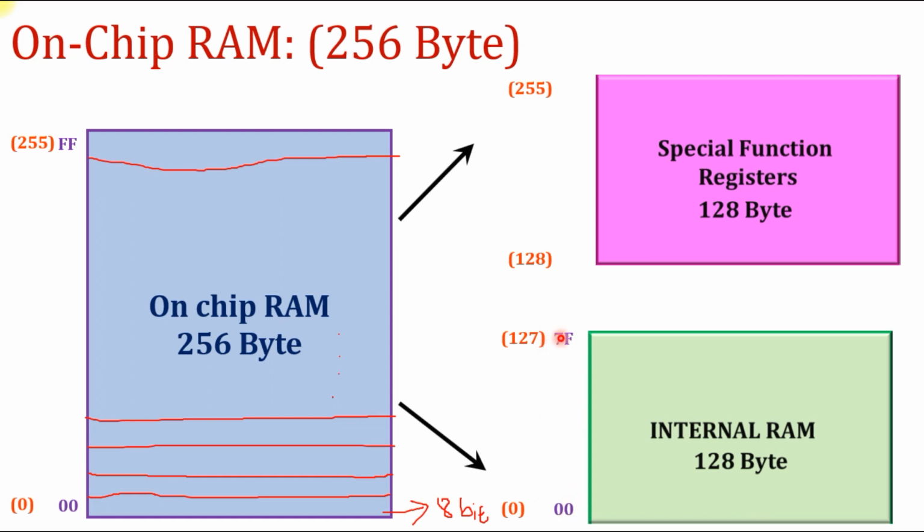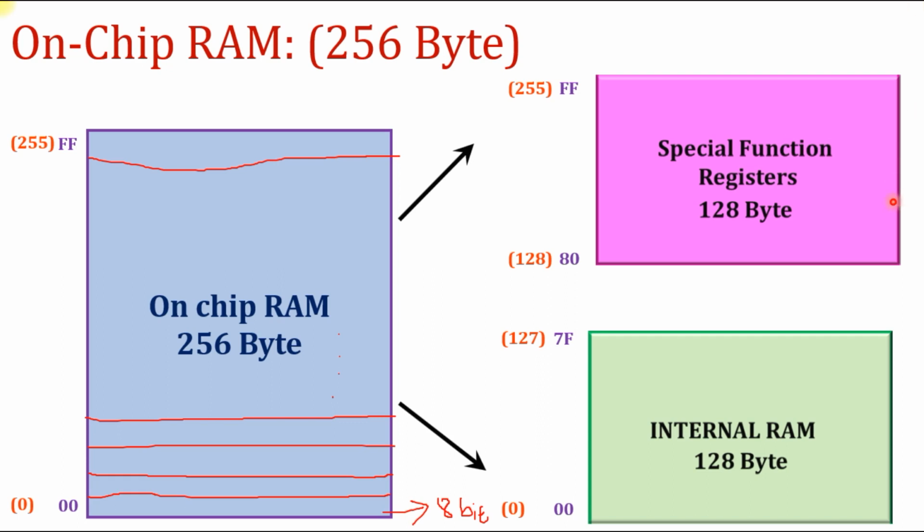This is called the internal RAM address in hexadecimal. Similarly, 128 to 255 are both three digits in decimal, but in hexadecimal you need only 2 digits, like 80 to FF. So this is the address information related to the on-chip RAM.